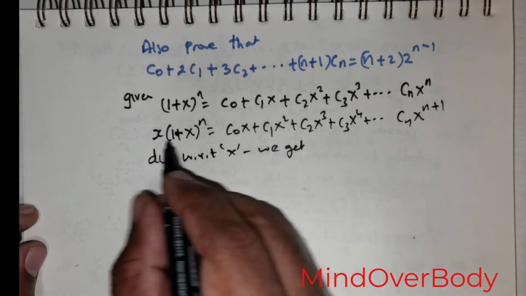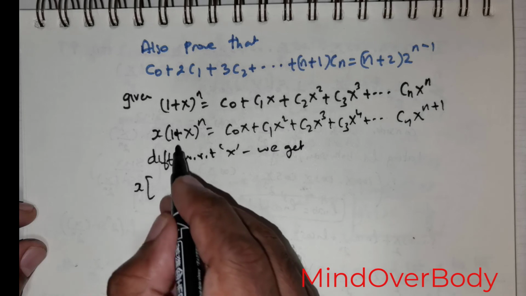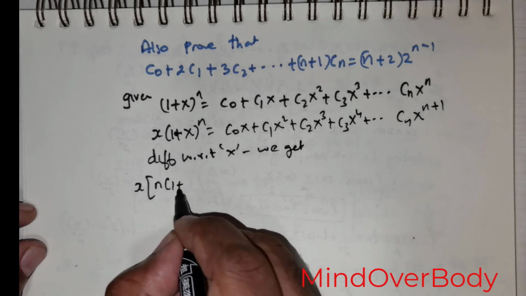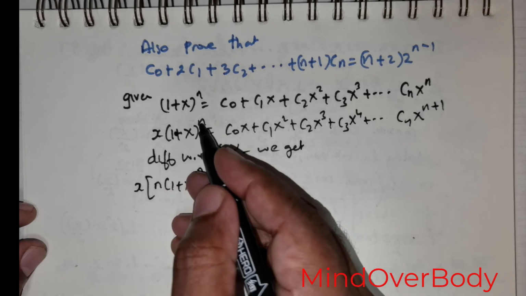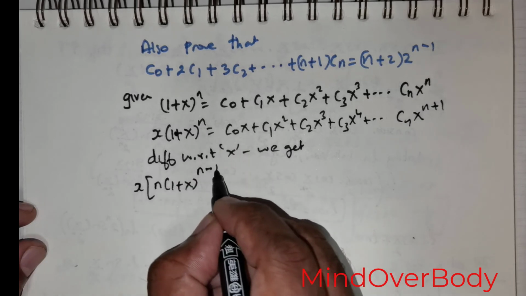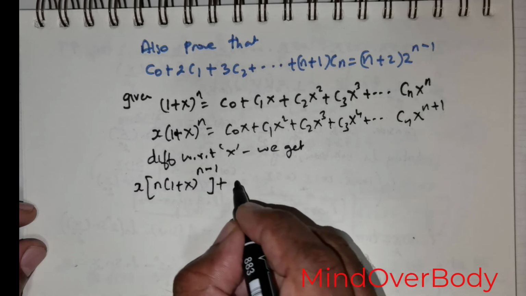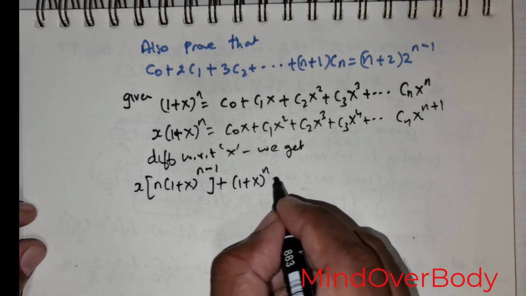So what do we get? This is in u into v form, so it's going to be x times the differentiation of (1+x)^n. That's going to be n times (1+x)^(n-1), since we are reducing the power by 1, plus the differentiation of x, which would give me 1, so it's going to be 1 times (1+x)^n.